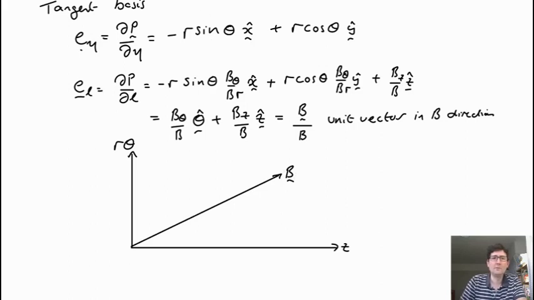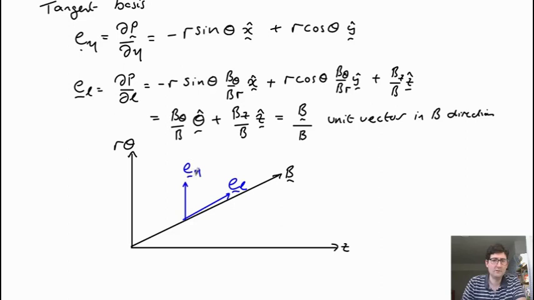So we now have a basis, and here's now E eta. So now EL is along the magnetic field, and E eta is in this direction, in the theta direction.